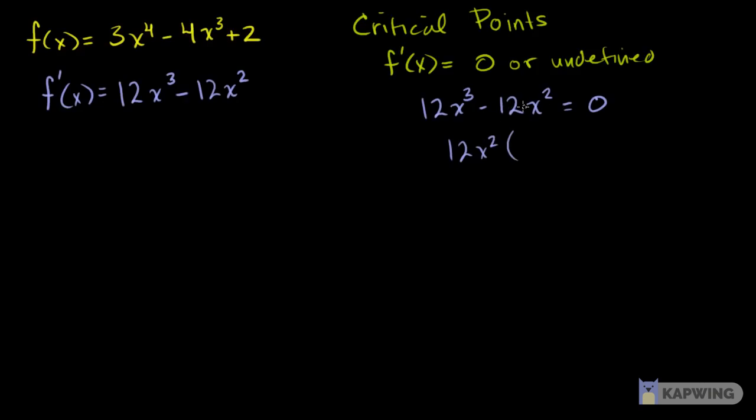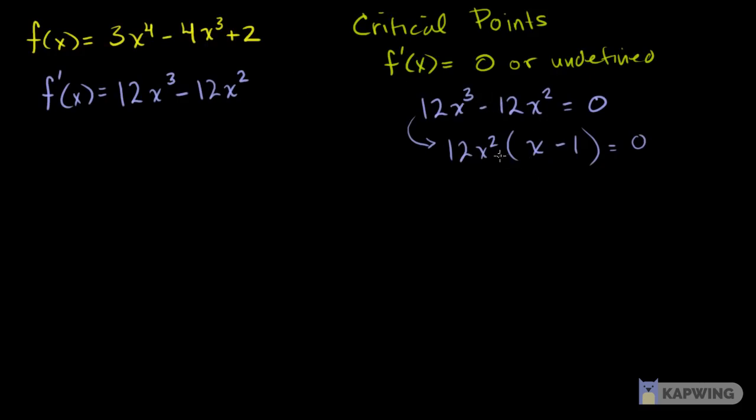If we divide both of these by 12x squared, this term just becomes an x. And then minus 12x squared divided by 12x squared is just 1, is equal to 0. I just rewrote this top thing like this. You could go the other way. If I distributed this 12x squared times this entire quantity, you would get my derivative right there.